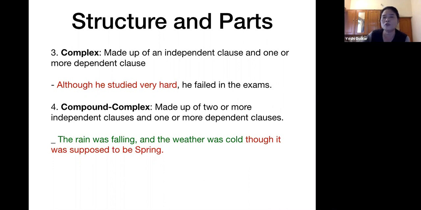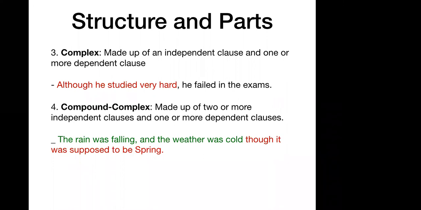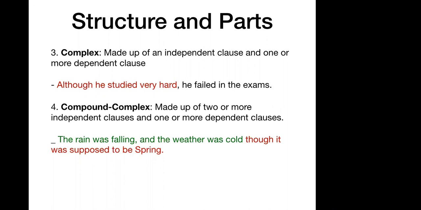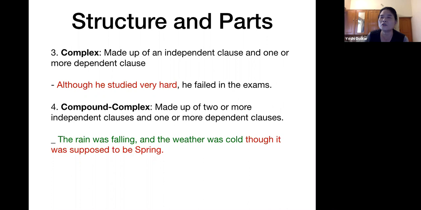Did you understand what these four different sentence structures are? So what are they? Simple sentence. Compound sentence. Complex sentence. Compound complex sentence. And they're all different because the use of clauses is different. In a simple sentence, there is only one independent clause.